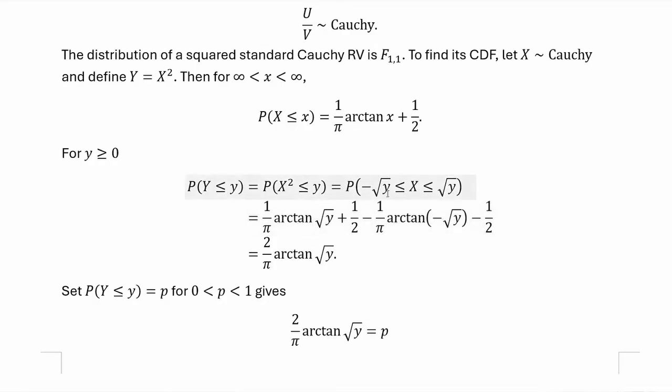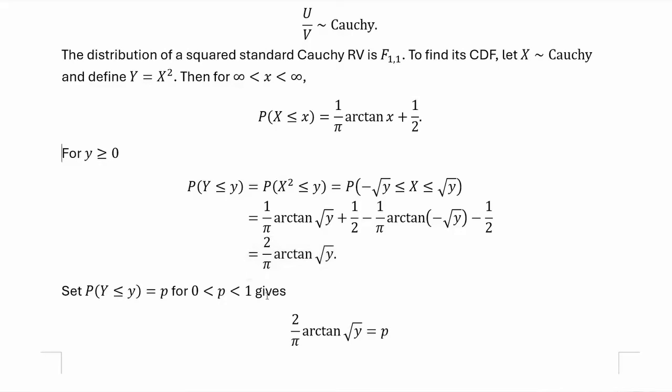So we can just plug the two endpoints of the interval, minus square root of y and square root of y, into the CDF of Cauchy. Simplifying, we get 2 over pi times the arctangent of the square root of y.